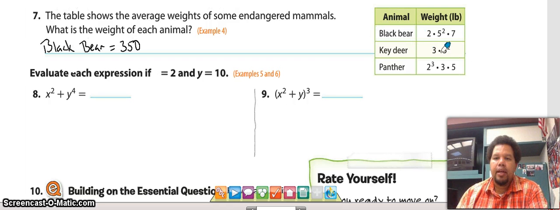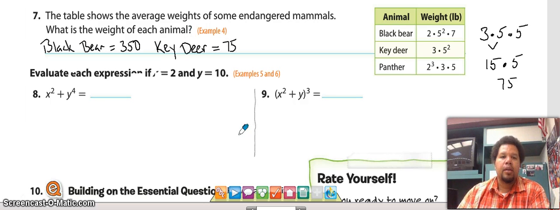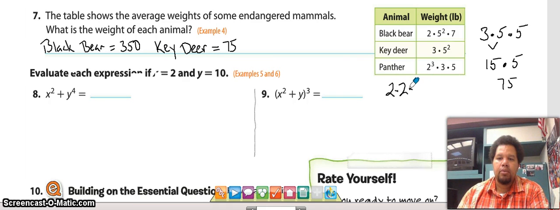So to calculate the key deer, it's 3 times 5 times 5, which we get 3 times 5 is 15. 15 times 5 is 75. So the key deer is 75 pounds. Now let's do the panther, which we have 2 to the third power, which means 2 times 2 times 2 times 3 times 5.